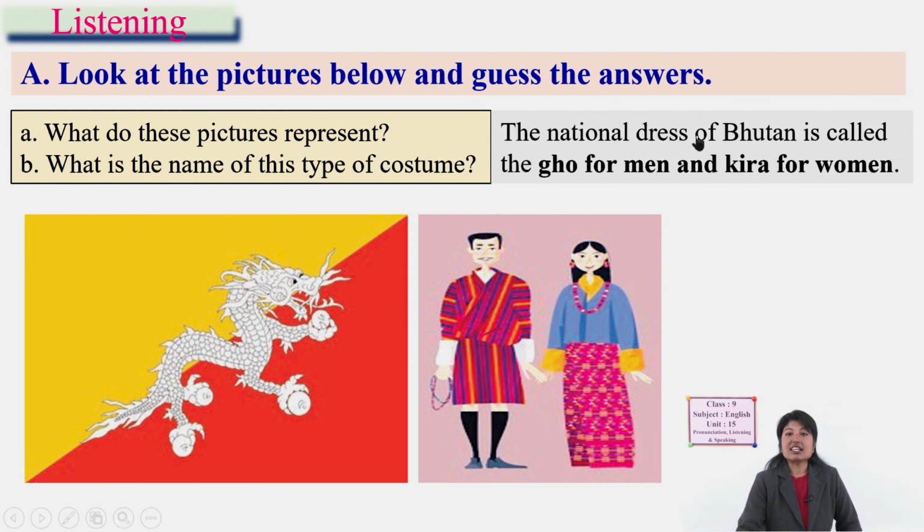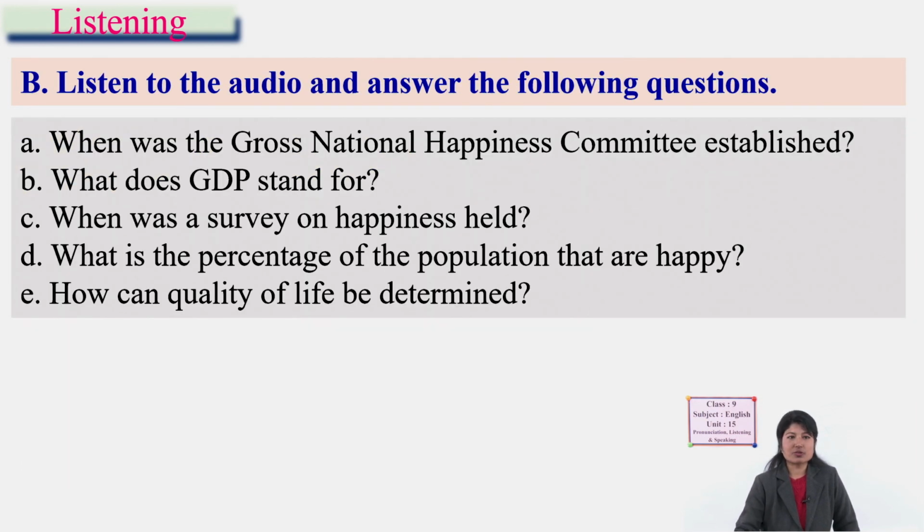Yes, the national dress of Bhutan is called gho. This one is gho, and the woman has another one, kira. It is called kira. So this is the national dress. Then our listening must be related with this country, right?